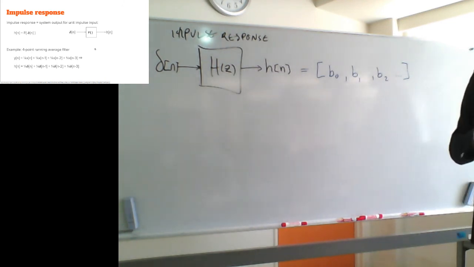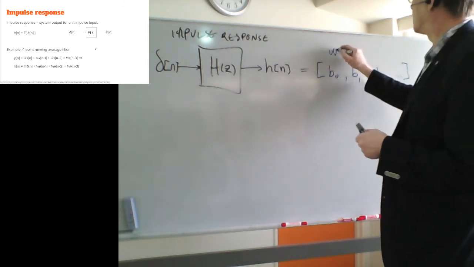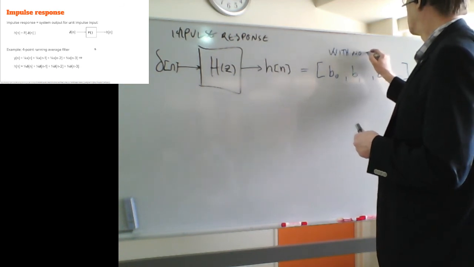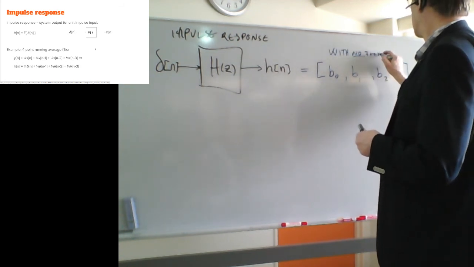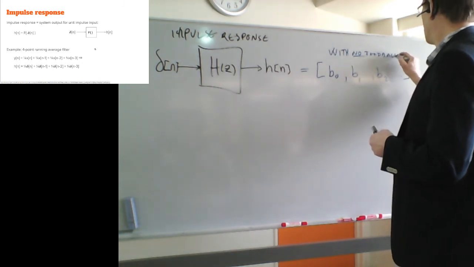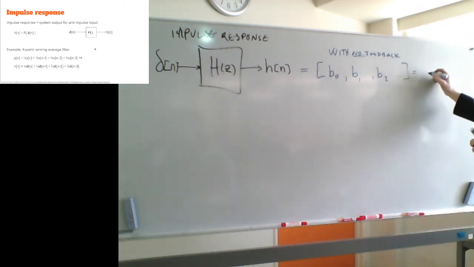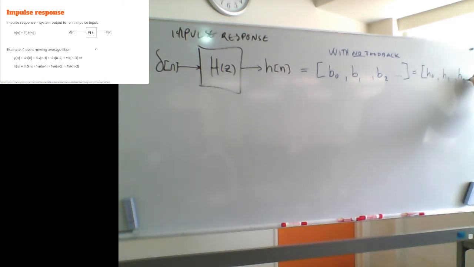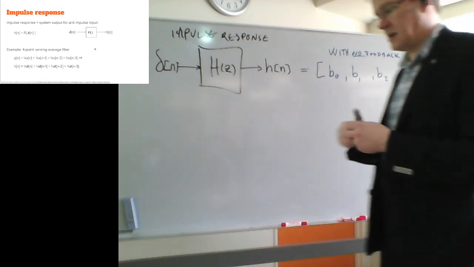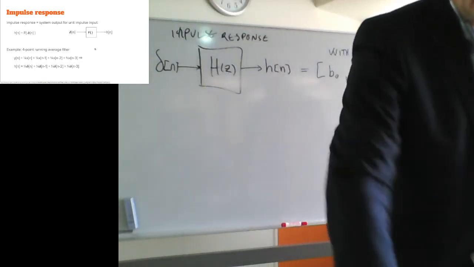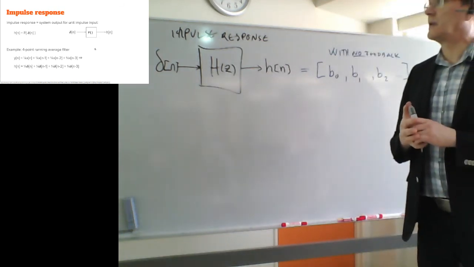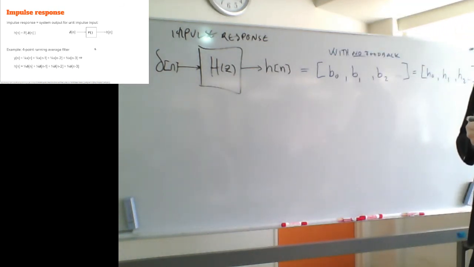But in this kind of system with no feedback, we sometimes just mark this H0, H1, H2, and so on. Okay, good. Of course, this is, as I said, impossible to measure for audio, the analog systems.